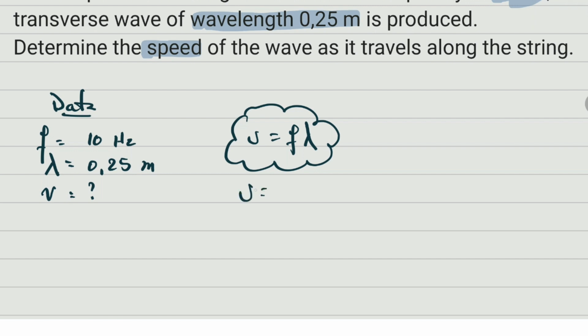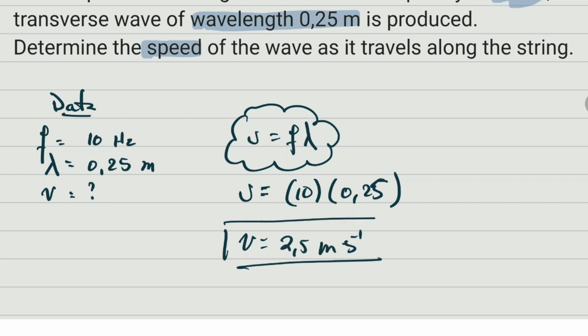So you're going to change the letters for the numbers. Frequency is equal to 10, and the wavelength is 0.25. When you calculate that, the speed of the wave is going to be 2.5 meters per second. This is the speed of the wave. In other words, this wave will travel 2.5 meters in 1 second.